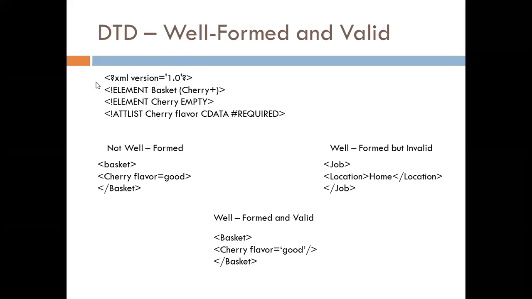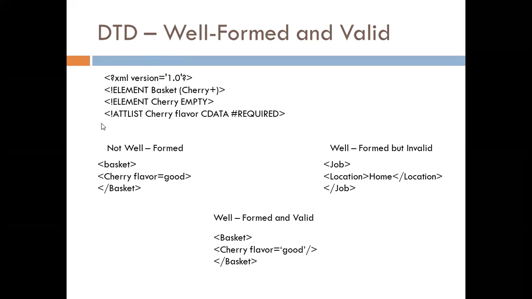For the given example of a DTD over here, an element basket can have any number of cherry elements. Then the cherry element is empty, and cherry has an attribute list, flavor, and it is compulsory.